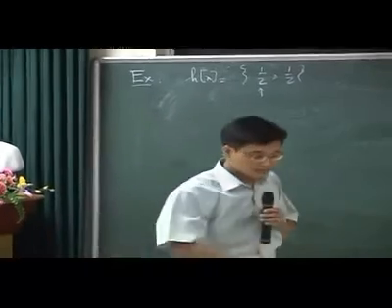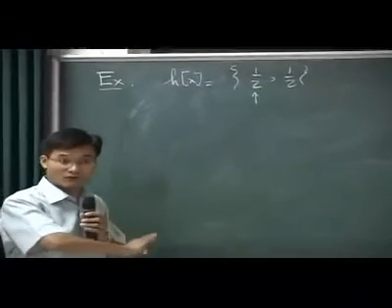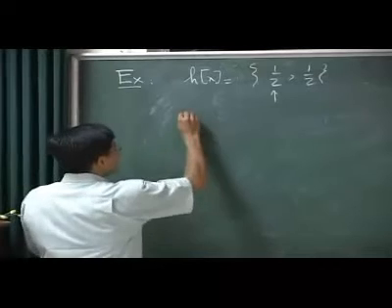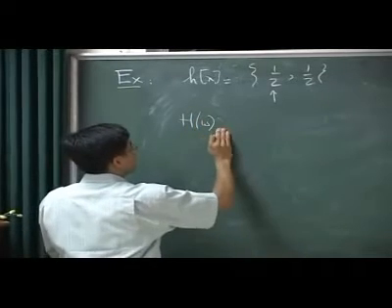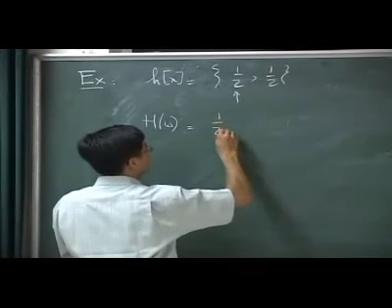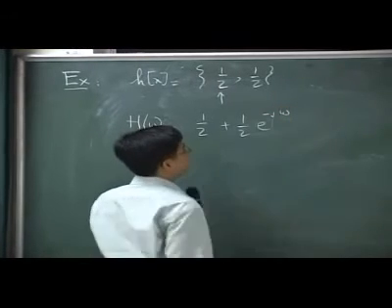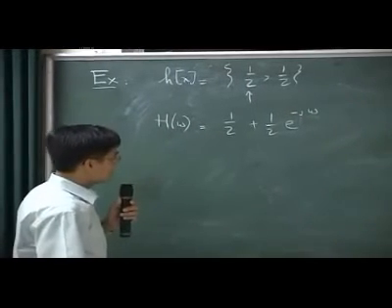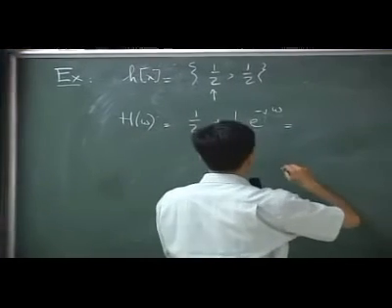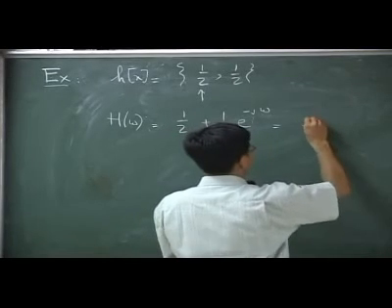Okay, so to do that, we need to go to the Fourier domain, because filtering becomes multiplication. So H of omega is equal to, by plugging in the formula, 1/2 plus 1/2 e^(j omega). Okay? And we need to find out, so it is just these two terms. Maybe I pull out e.